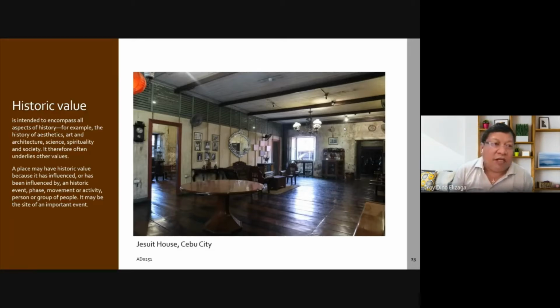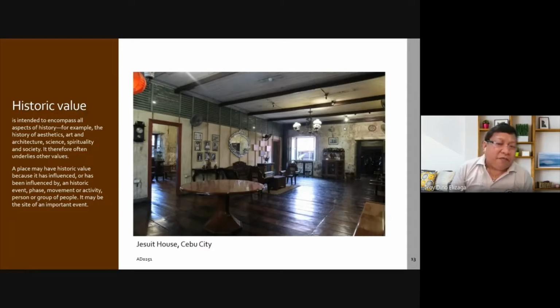Historic value is intended to encompass all aspects of history, for example, history of aesthetics, arts and architecture, science, spirituality, and society. It therefore often underlies other values. Normally everything which has heritage value will have historic value also.